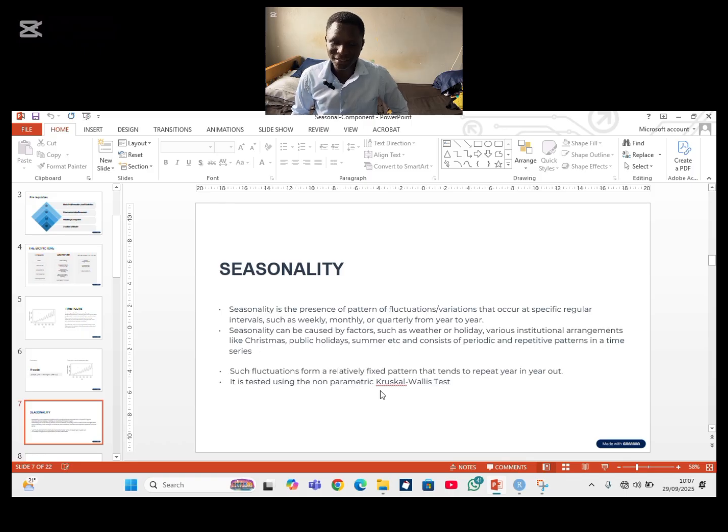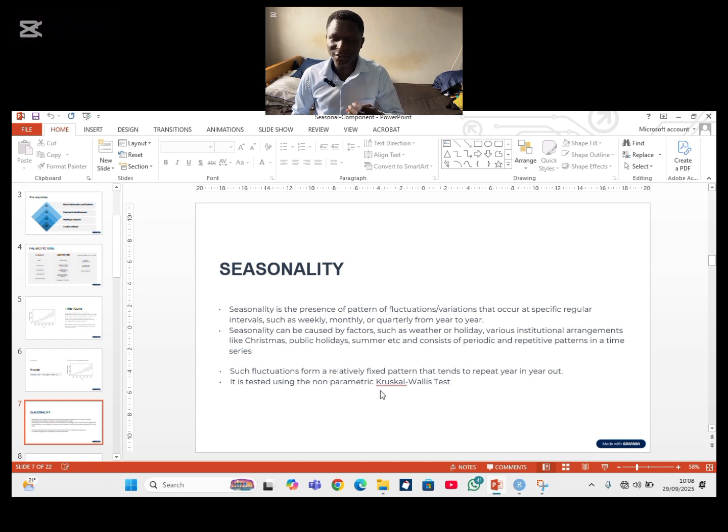The other thing is how we could test for seasonality. Seasonality, as I've said, could first of all be seen from your visualization.